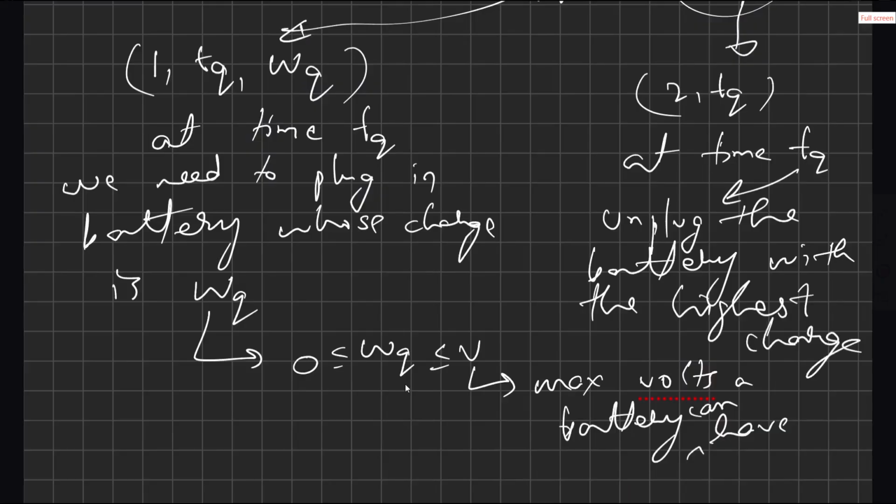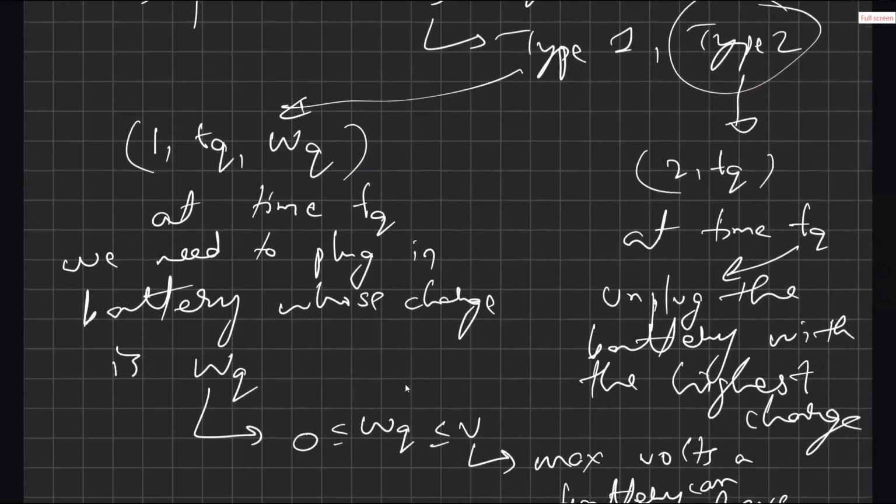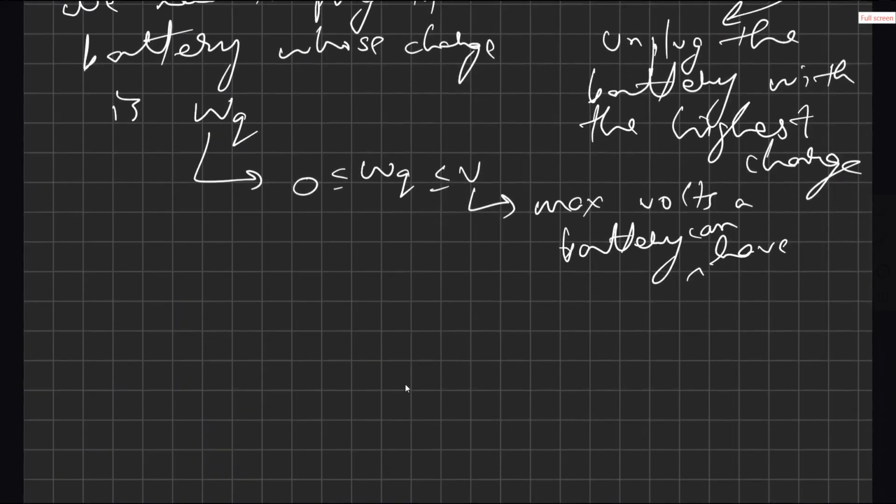The battery which has the highest charge or volt, that battery we need to unplug. Basically we are removing that. This is the problem statement and it looks very simple.